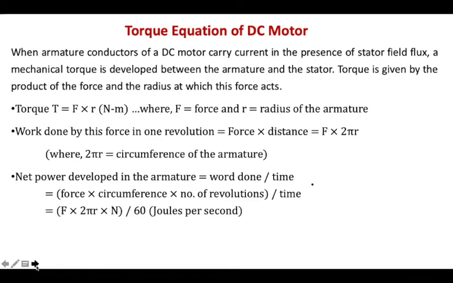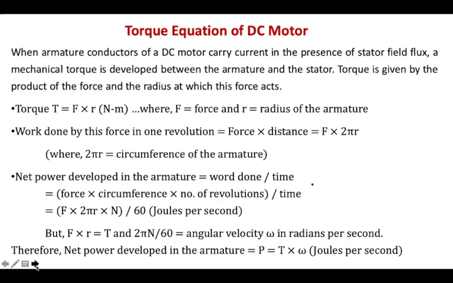And how do we calculate the time? The time is given by the number of revolutions per second, and therefore the power will be force into 2πr into the rotations per second. Capital N is the rotations in RPM, and N by 60 is the total number of rotations per second.